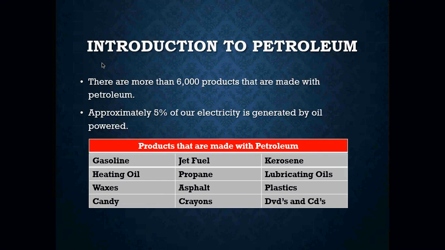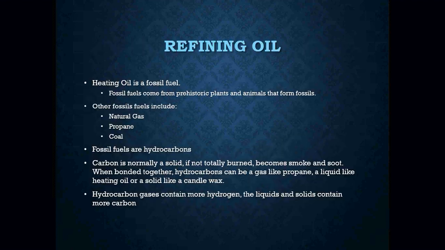Candy, believe it or not, has some petroleum products in it. If you ever read the ingredients on some of your favorite candies, you'll actually see that there are petroleum products on there. Crayons and CDs and DVDs are also made with petroleum products. Now, that's obviously just a few of what petroleum is used for.